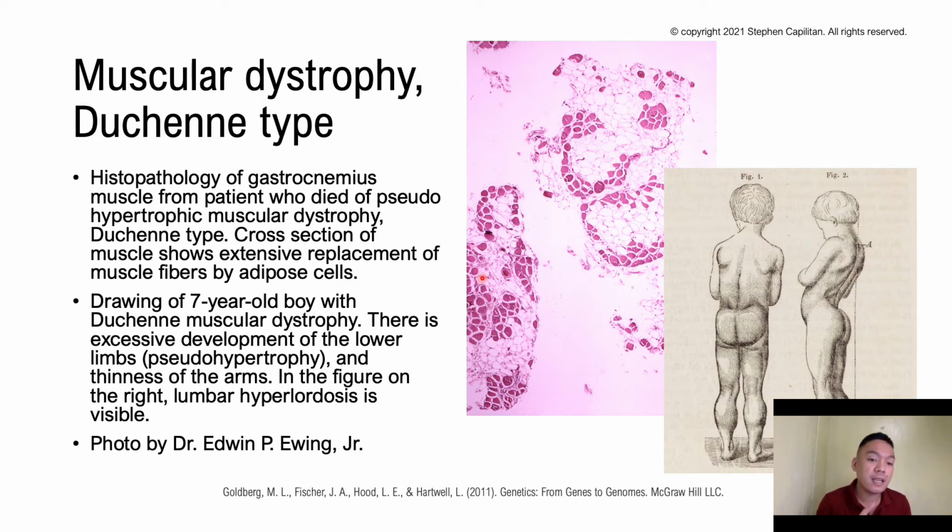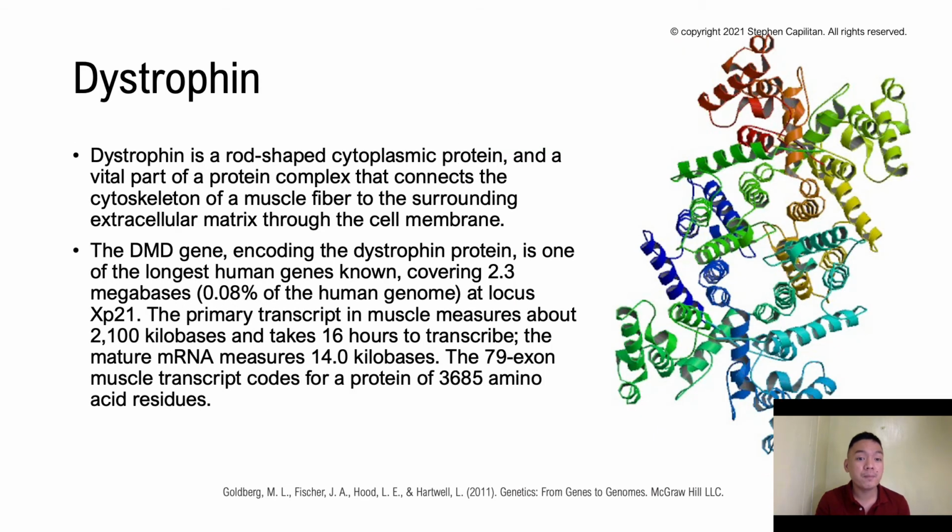The picture on your left by Dr. Edwin Ewing Jr. is a drawing of a 7-year-old boy with Duchenne muscular dystrophy. There is an excessive development of the lower limbs, which we call pseudohypertrophy, and thinness of the arms. In this figure, you will see a lumbar hyperlordosis that is very visible from the drawing of the 7-year-old boy.